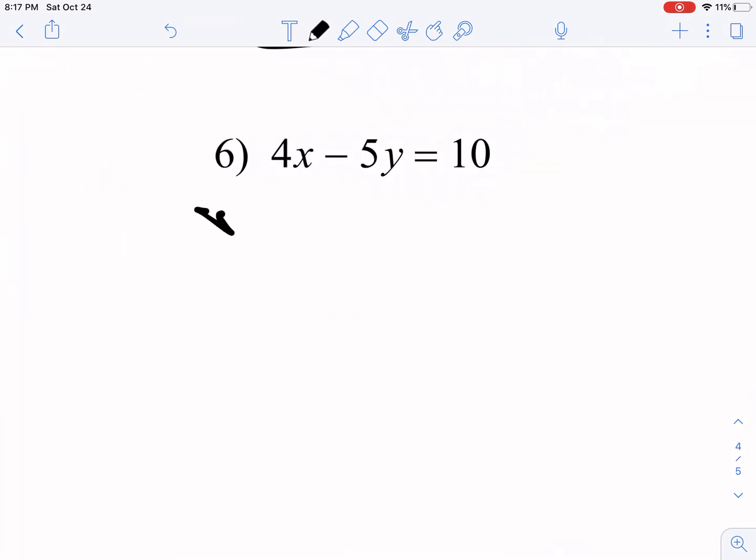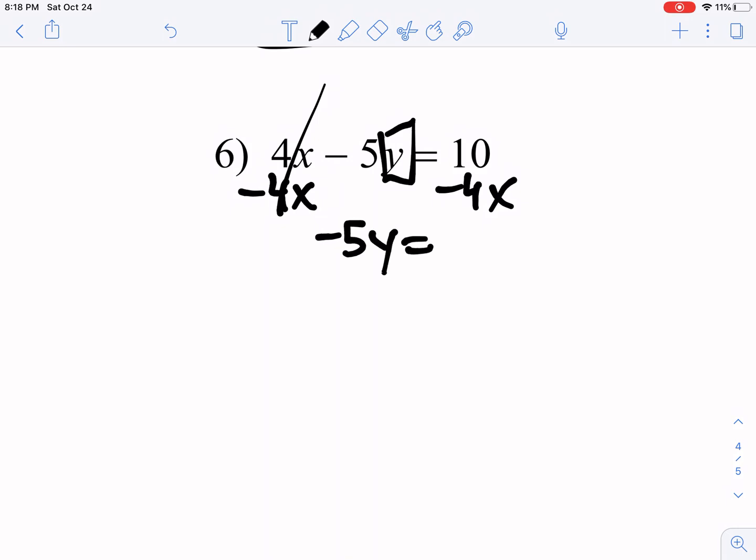Now, looking at this guy here, same thing, we've got to get y by itself. What do I move first? Remember, we always added or subtracted the x, then divided by y's coefficient. So we're going to subtract 4x from both sides. This goes away, and I get a negative 5y equals a negative 4x and a positive 10. Now, I still have multiplication between the negative 5 and y.